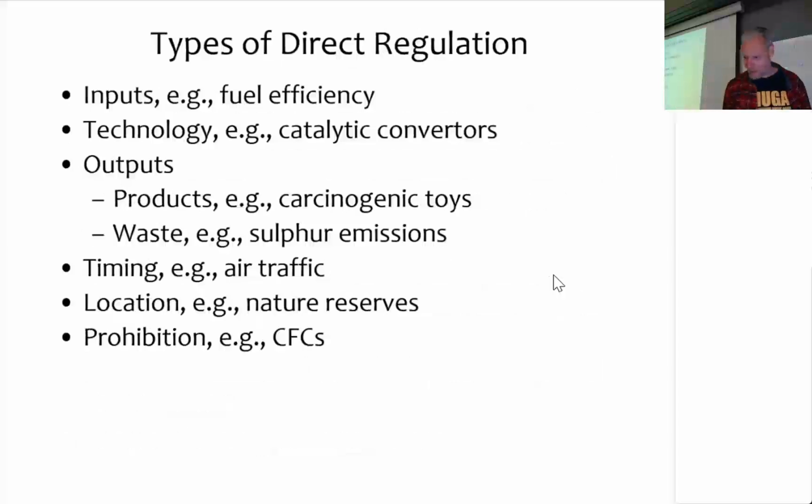So, what sort of direct regulation is there? There's a whole bunch of things you can do, right? You can regulate the input into production or consumption. If you want to buy a car, a fridge, an air conditioner, something, then there are regulations that tell you how many miles to the gallon or kilometers to the liter you would need to get from this car, right? And if you don't meet this threshold, you're not allowed to sell the car in the European market, right?